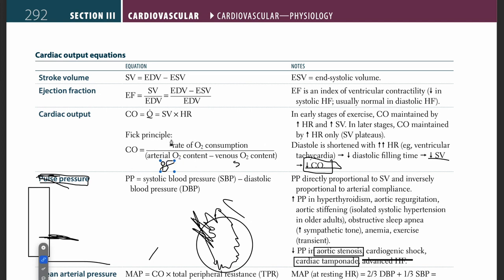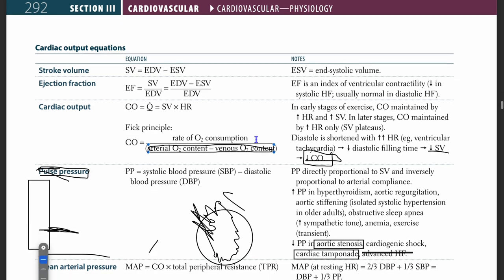So you have to remember that we have a formula for that. The formula is the rate of consumption, and then you figure out how much oxygen is used up basically from the time it left the ventricle and by the time it returned to the right atrium. Okay, and so that number will go down here, and then you can figure out cardiac output with that.